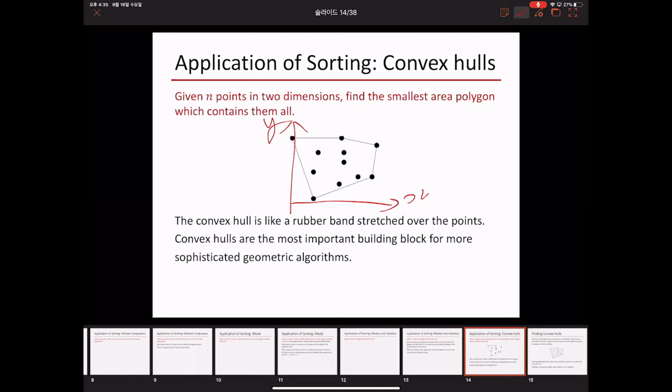I think you learn the geometry in 10th or 11th grade, and some section in there covers the convex hull. Okay, so we understand the problem. How can you draw the convex hull quickly?